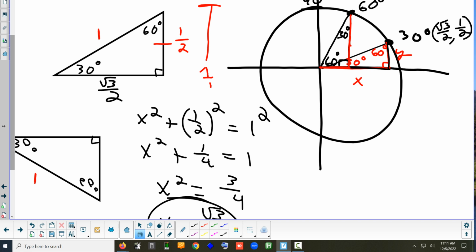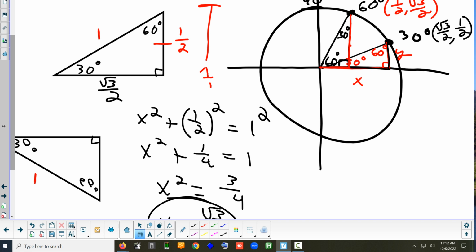Yeah, 1/2, square root 3/2. Because now the side across from the 30, that's your short side. And the short side, or the side across from the 30, is always your 1/2. And the long side is what's across from your 60, and that's your root 3/2. Any questions on the coordinate for 30 or 60?